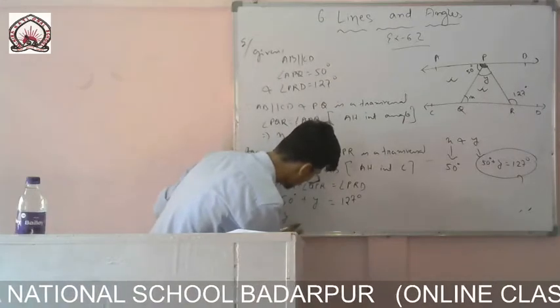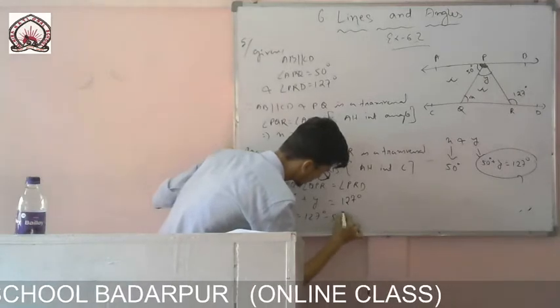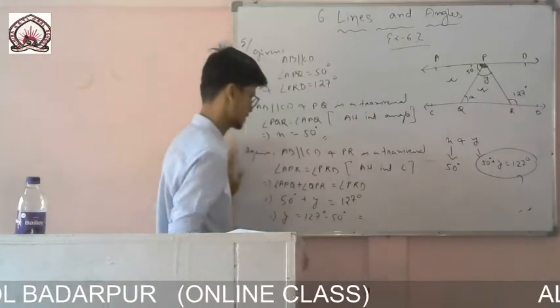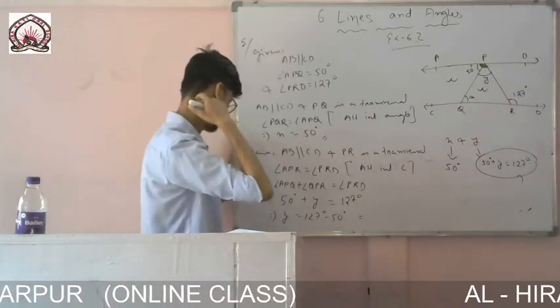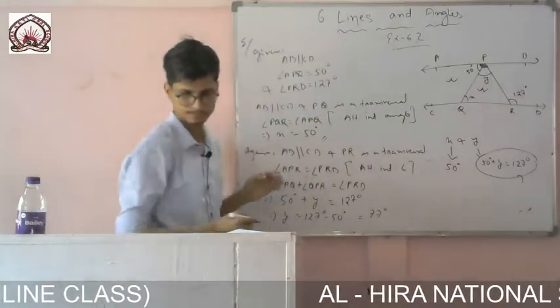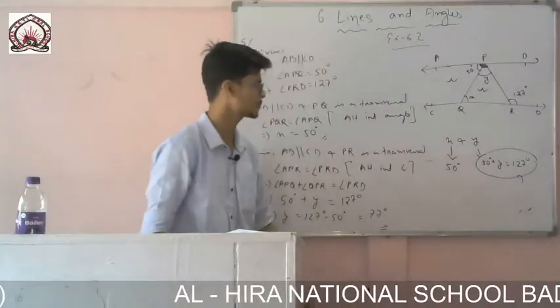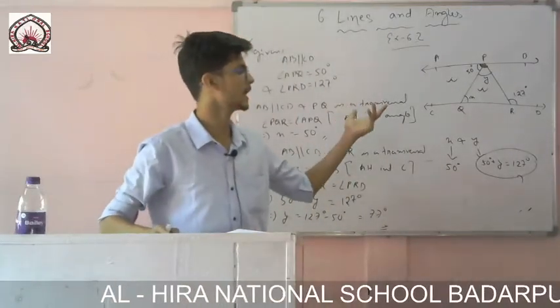So Y will be equal to 127 minus 50. So it will be 77, I think. Y is 77 degrees.